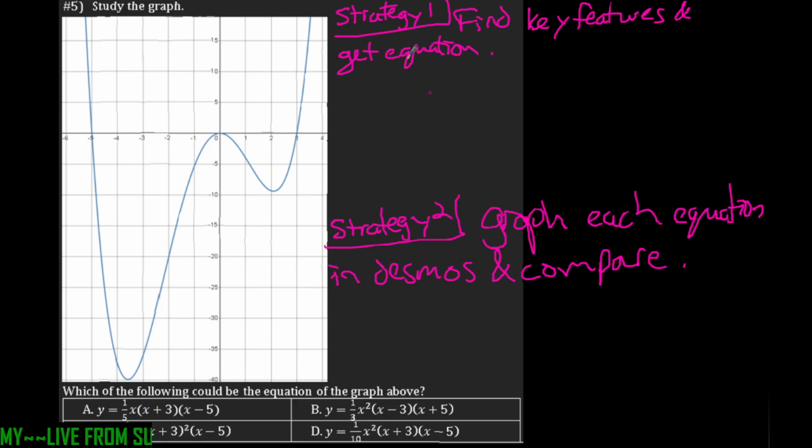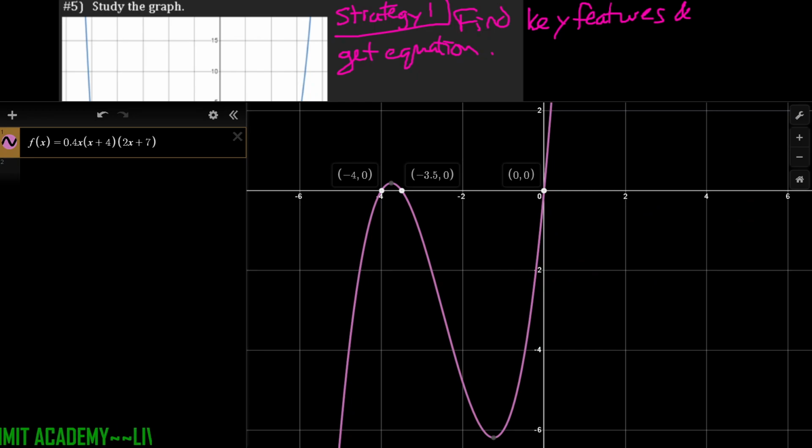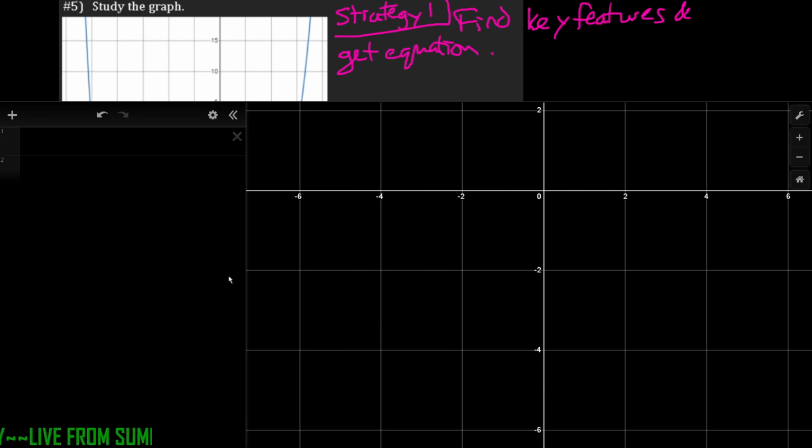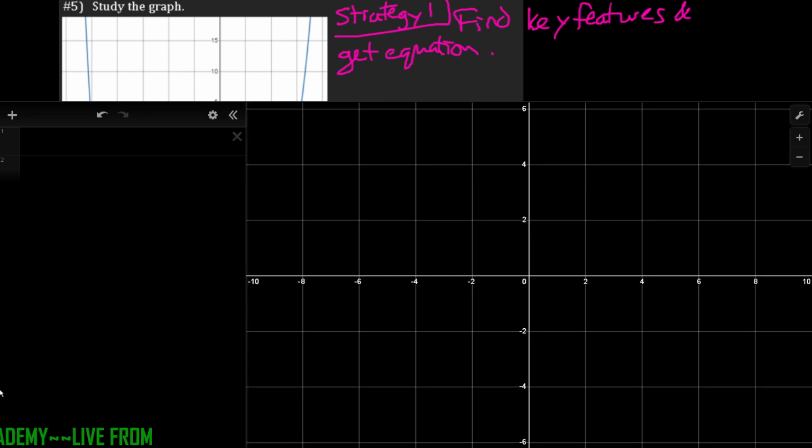What I would say before anything, if you do strategy 1, you definitely want to check your equation using Desmos. To get the same picture, what I suggest you do is change your windows. So let me pull up our Desmos window, and let me clear that out. All right, so again, anytime you move your window around, click that little home button, so that way it has default zoom.